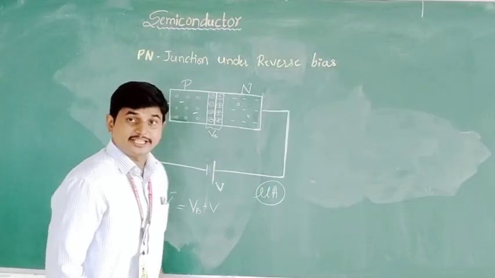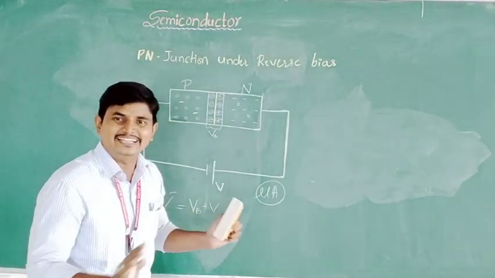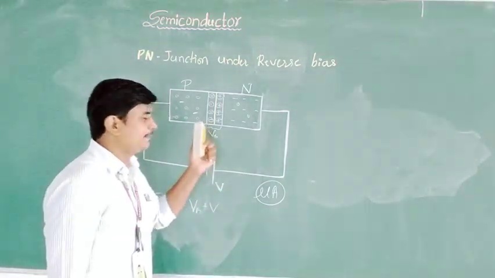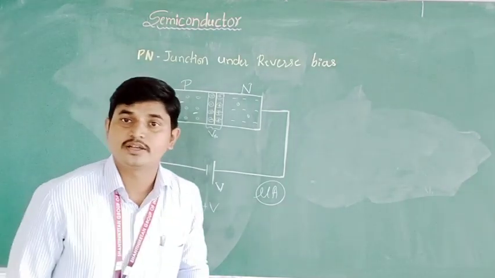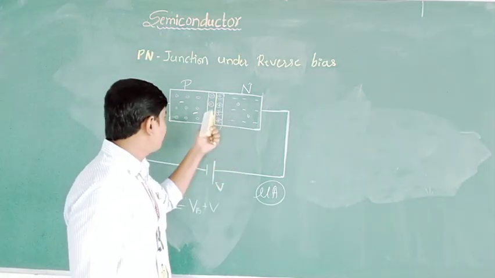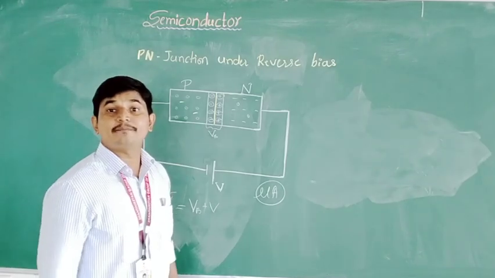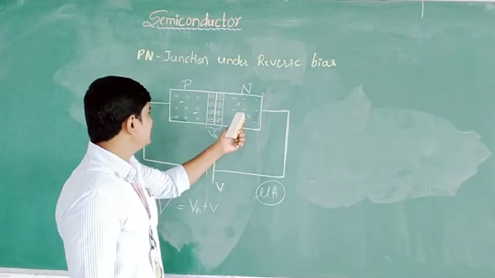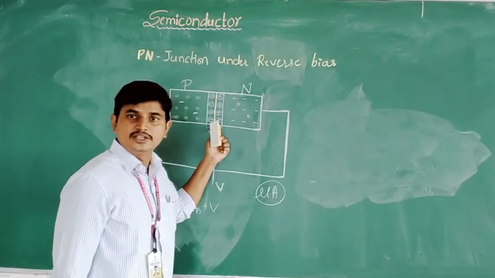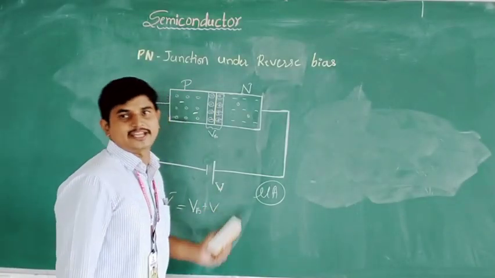Okay, then one more thing, here the flow of current through the junction is independent of the external voltage, it depends on the thermal energy. In the reverse bias, the flow of current through the junction can increase with the increase in temperature. These minority charge carriers pass through the junction due to thermal energy, not due to external voltage.